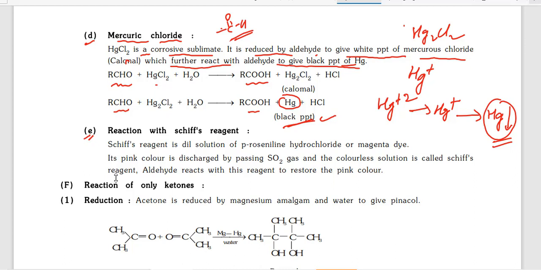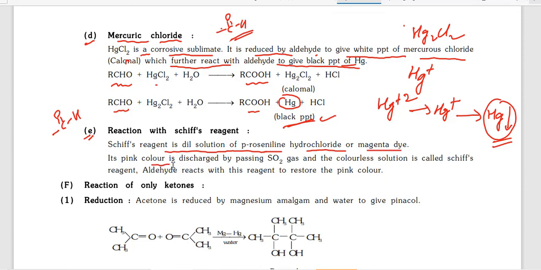Next, reaction with Schiff's test. It is also given only by aldehyde. Schiff's reagent is a dilute solution of para-rosaniline hydrochloride or magenta dye.